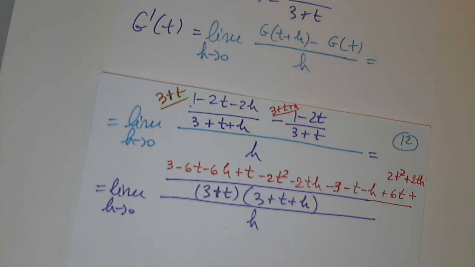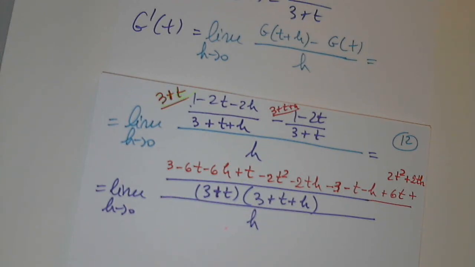It's not that I ran out of room, I ran out of room twice. So minus 3 minus t minus h, and then plus 6t, 2t squared, and 2th.